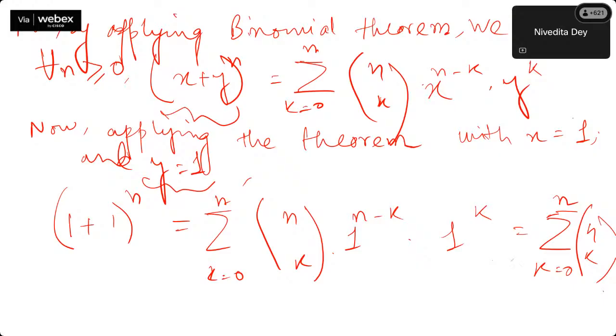Like simple calculation I'm doing. So this means that 2 to the power n is equal to the sum of nCk, where k equals 0 to n.